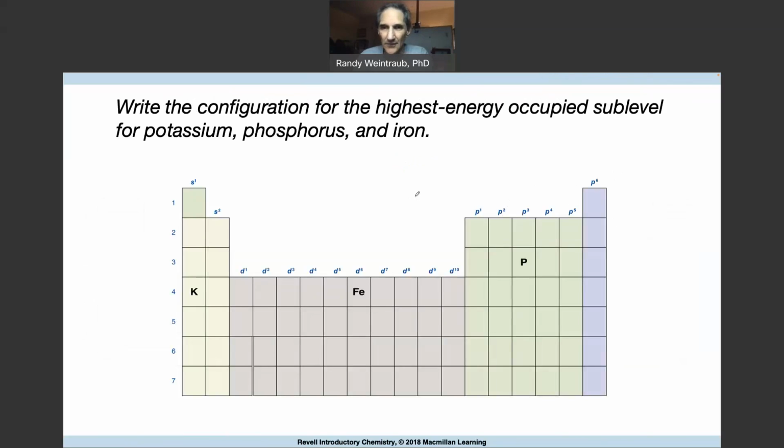So look at a couple more examples and write the configuration of the highest energy level occupied at the sublevel for potassium and iron and phosphorus. For potassium, it lies in period 4, and it's in the S1 group.